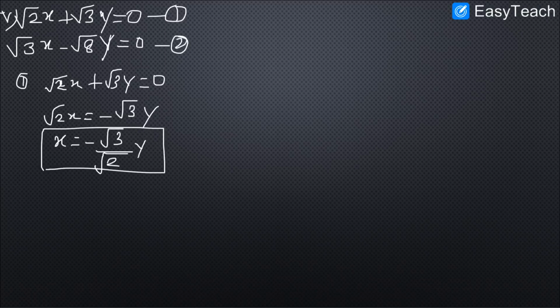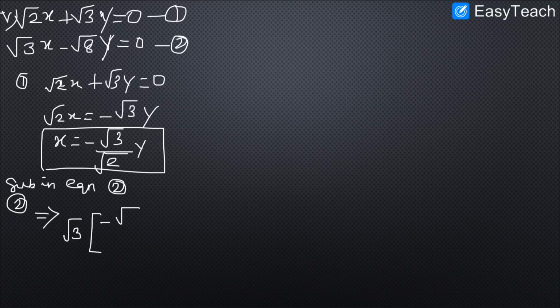Let's substitute in the second equation. So root 3, for x I write minus root 3 by root 2 into y, in this equation I am substituting here, minus root 8y equals 0.